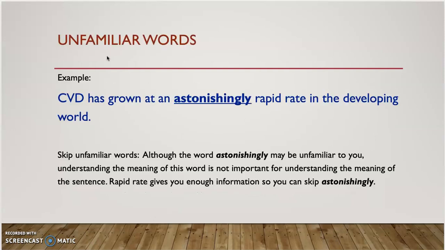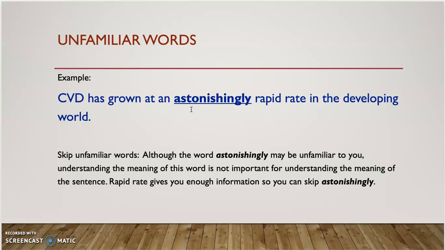First of all, unfamiliar words may not even need to be known. For example, if you read this sentence, CVD, which, by the way, stands for cardiovascular disease, CVD has grown at an astonishingly rapid rate in the developing world.